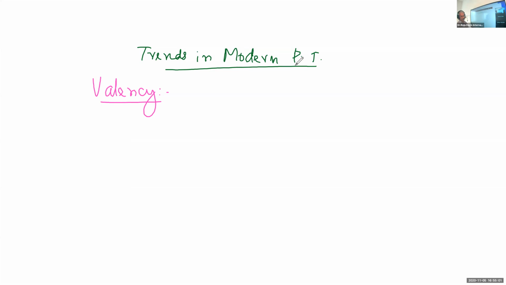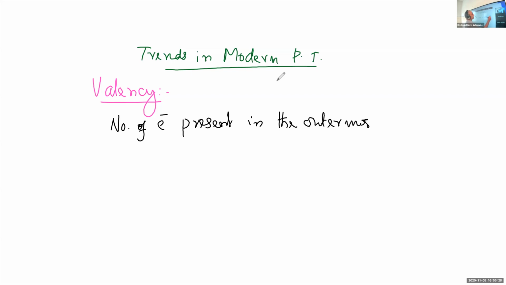First of all, remember that valency is determined by the number of electrons present in the outermost shell. Valency of an element depends on the number of electrons present in the outermost shell of an atom of the element.